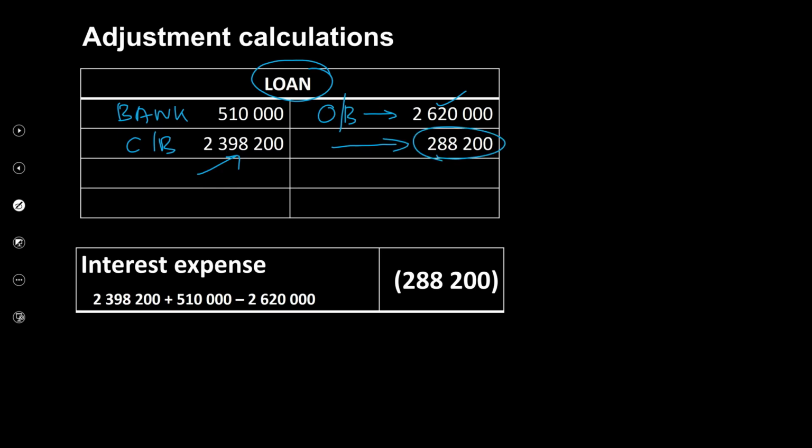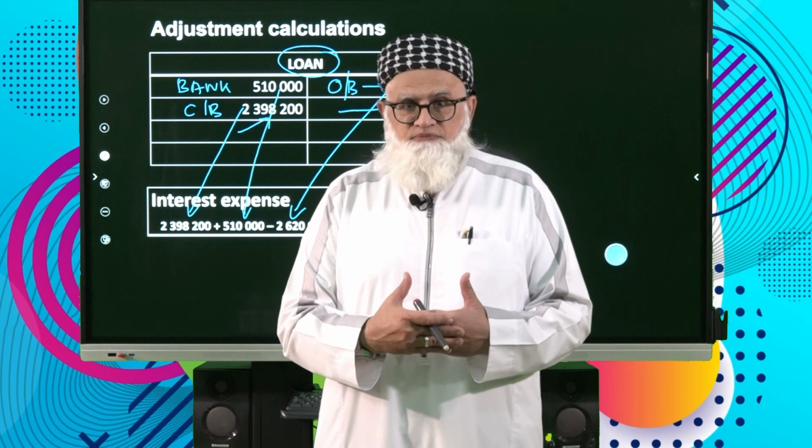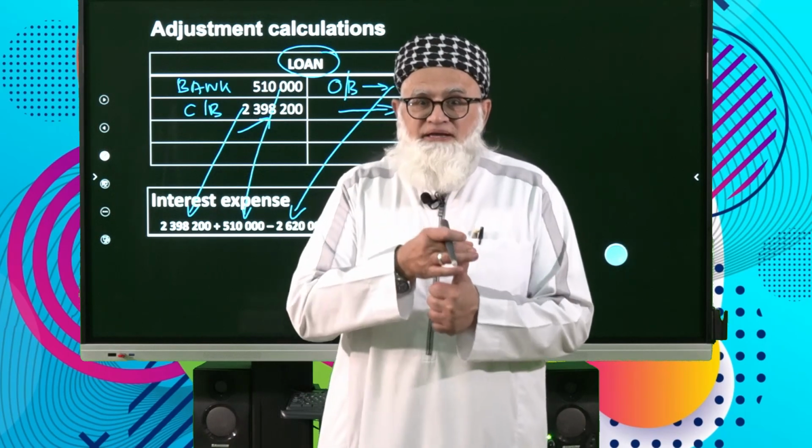Here's my calculation once again: 2,398,200, add the 510,000, minus the 2,620,000, and there we go. The interest on my loan is an amount of 288,200.